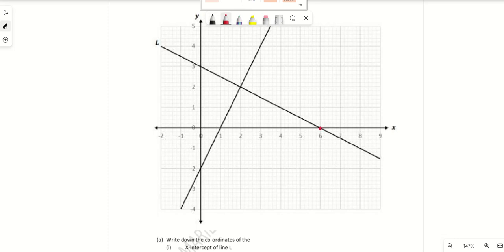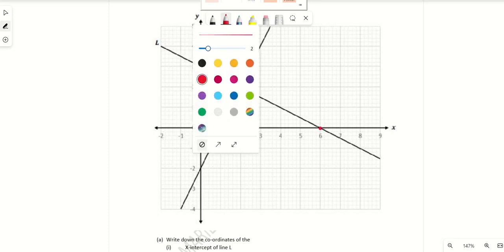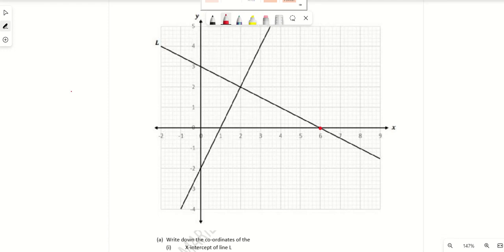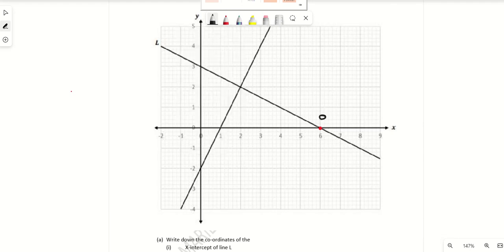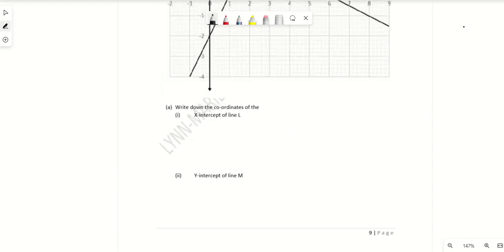On your x-axis, y is equal to 0, and x is equal to 6. So for my coordinates, for my x-intercept would be 0, 6. Right, so that is the answer for this first one, which is 1 mark, I believe.